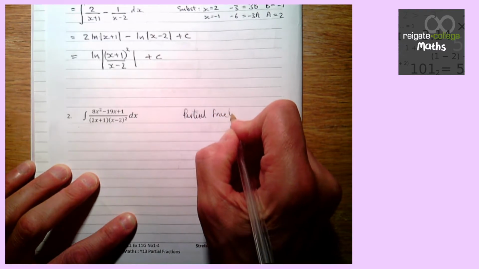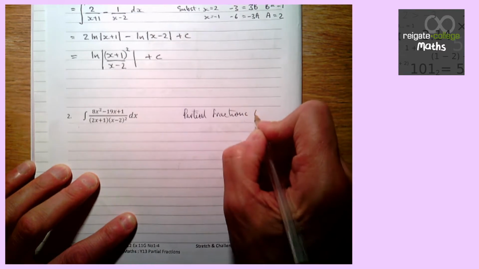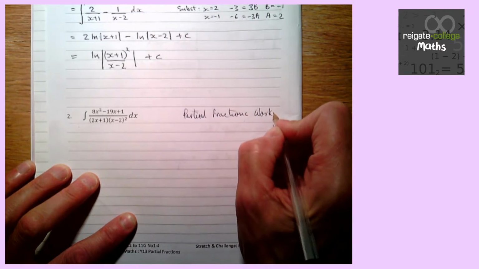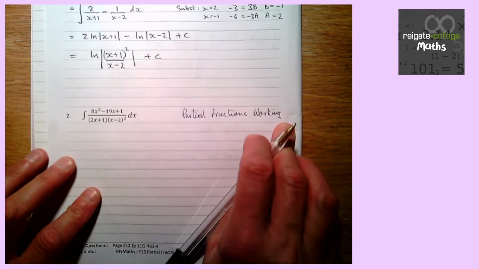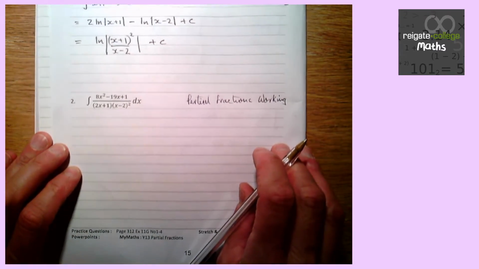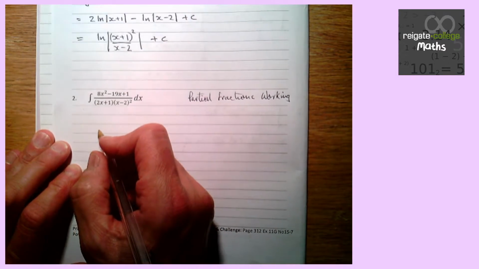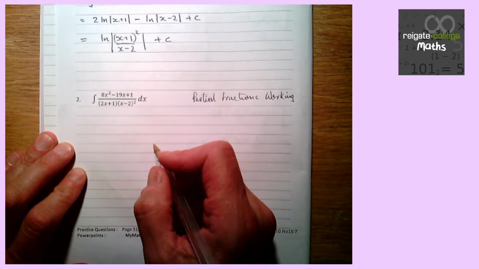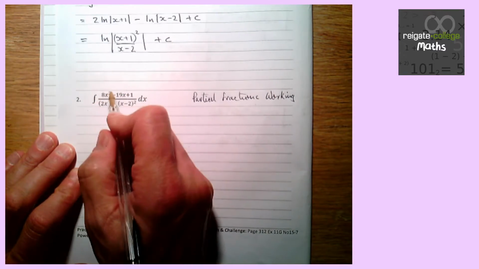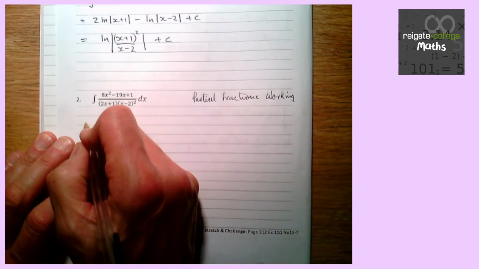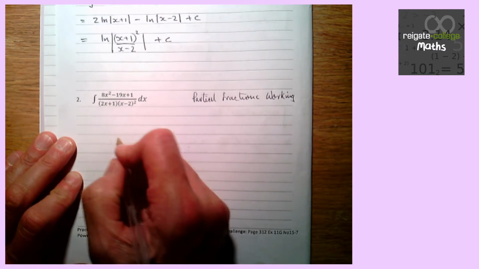Often in an exam question they'll give you the algebraic fraction, ask you to split it into partial fractions for the first part of the question, and then the second part might say now find the integral of this, where you're using the partial fractions you've already created.